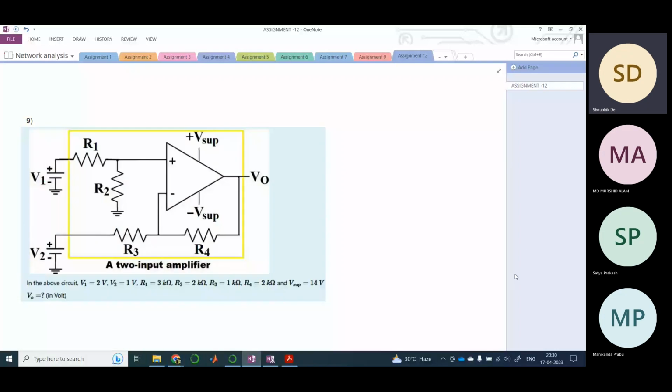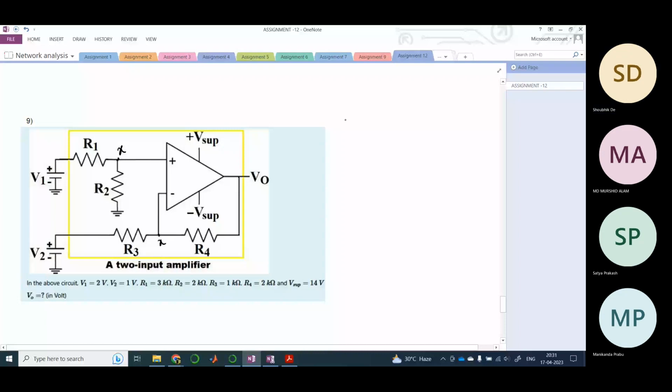So this is the voltage being applied at the non-inverting terminal. Let us write it as X, and this is also X, and in an ideal op amp these two are equal. So V plus is equal to V minus is equal to Vx.